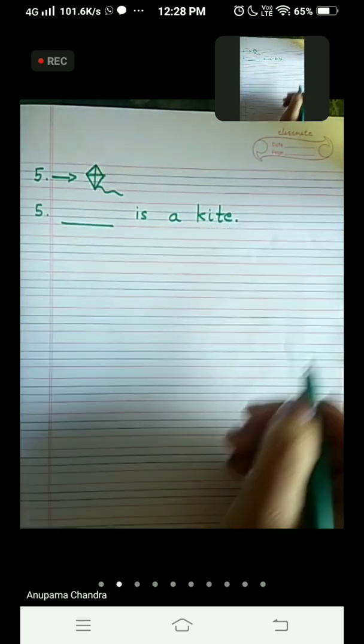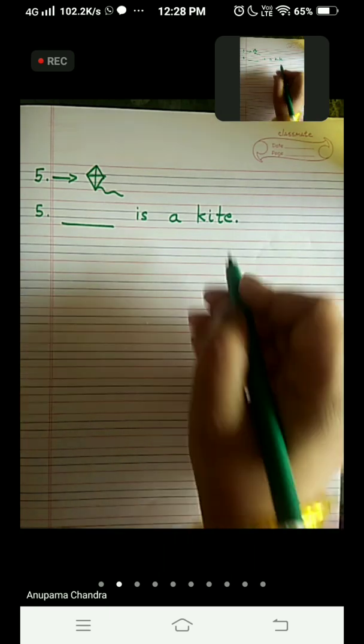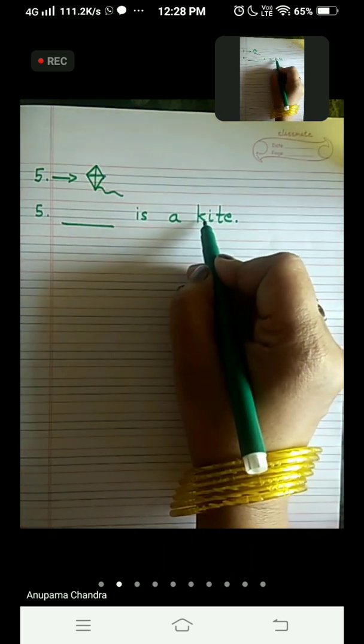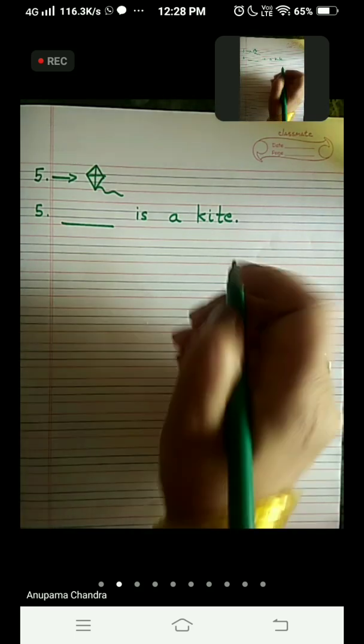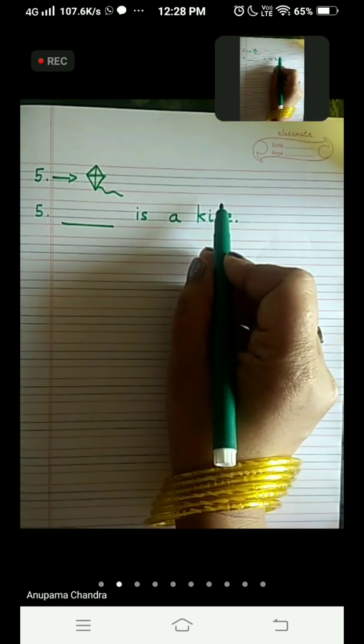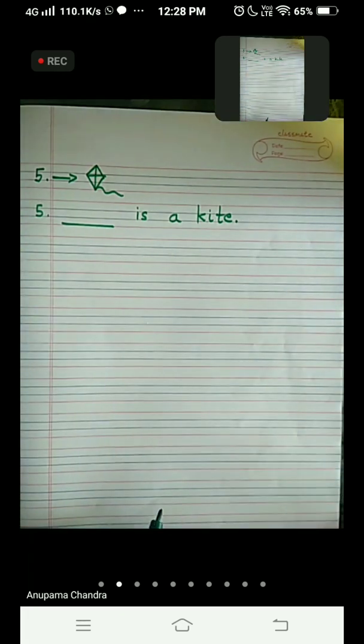K-I-T-E. Kite. Small k, children. The 2 strokes of K you have to give between 2 blue lines. Put a dot on top of I. And K and T are supposed to touch the red line on the top and go till the lower blue line. Check out the lines, children, for each word.